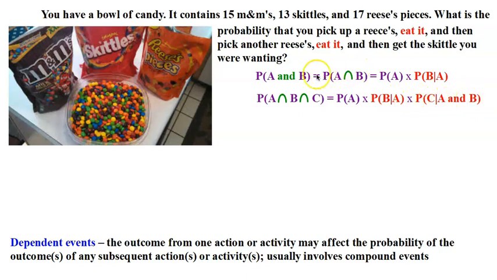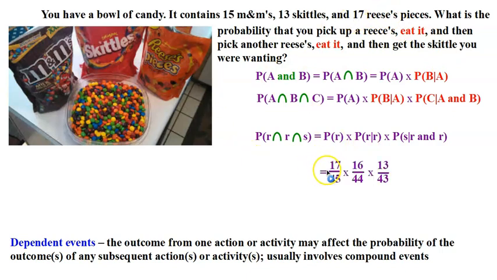All right. So let's take a look. We still have 45 candies to start with. So what we have is the probability of R and S. So the probability of R times the probability of Reese's, given that we already picked up a Reese's, then the probability of getting a Skittle, given that we've already picked up 2 Reese's. All right? So the probability of getting that first Reese's is we had 17 Reese's out of 45 candies, right?